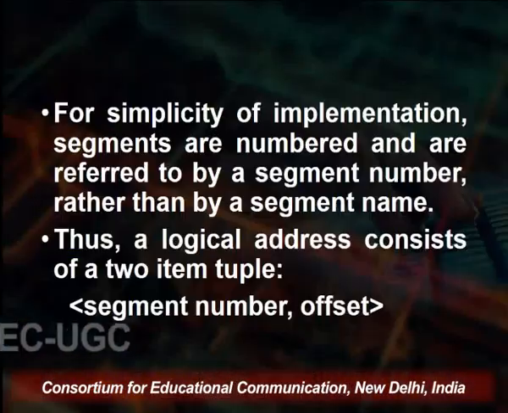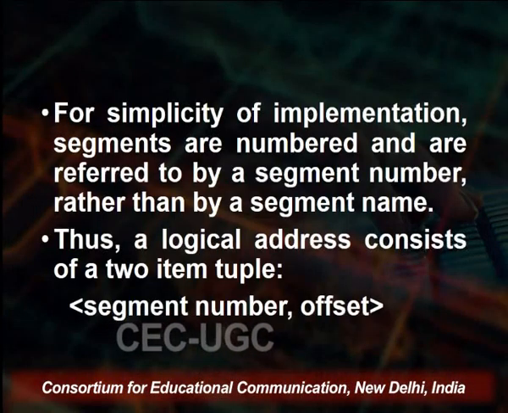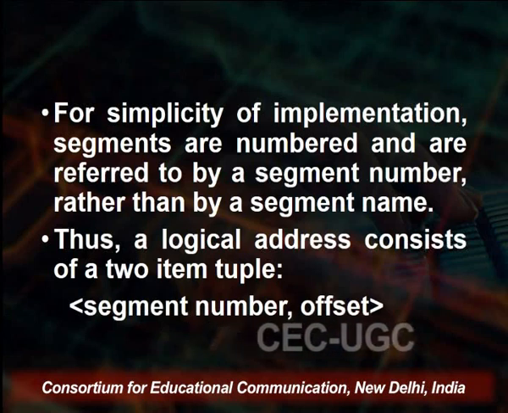So, a logical address space consists of some segments, and each segment has its own address, which can be shown in the form of a two-item tuple: the segment number and the offset. We are going to concentrate on these two things.